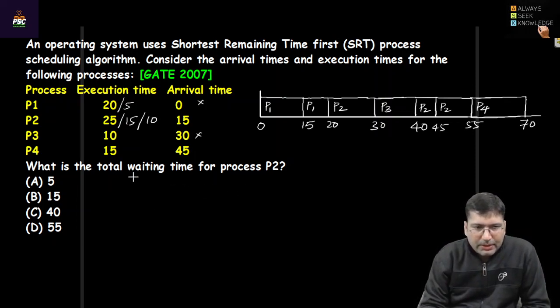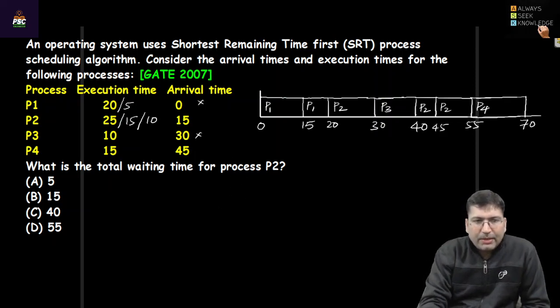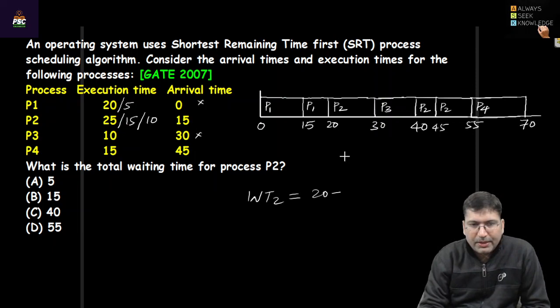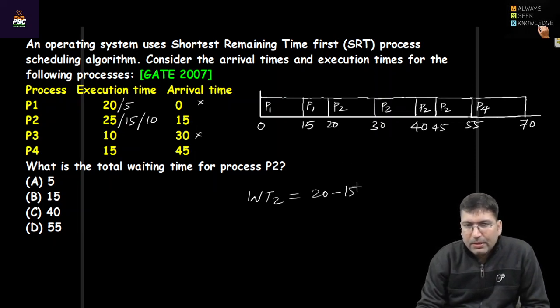So let's calculate the waiting time for process P2. P2 starts here at 20 and P2 arrived at 15, so this is the very first waiting time, plus P2 was interrupted at this moment, 30, and P2 again started at 40.